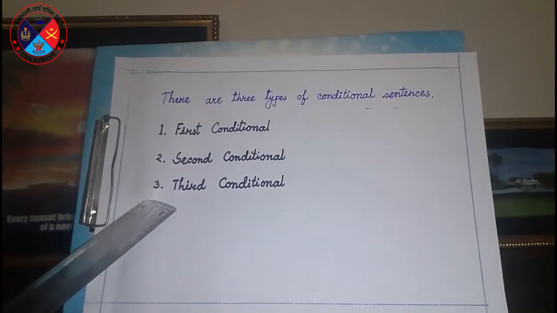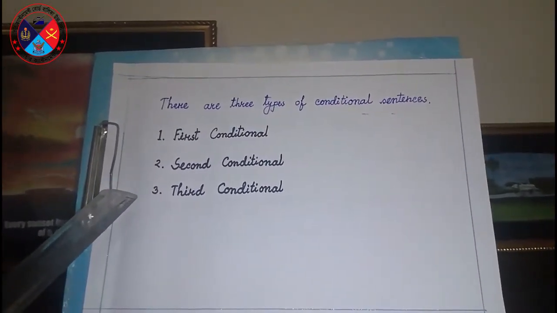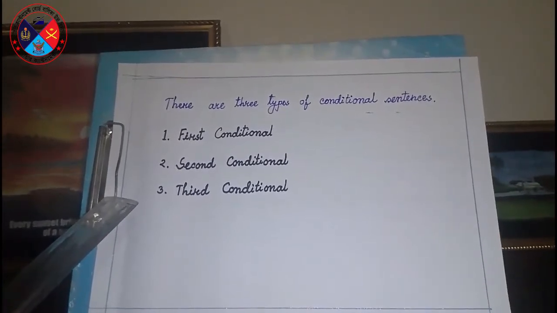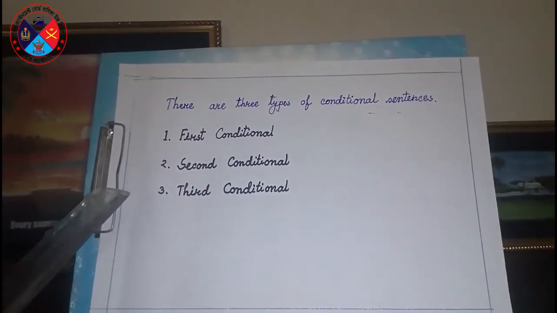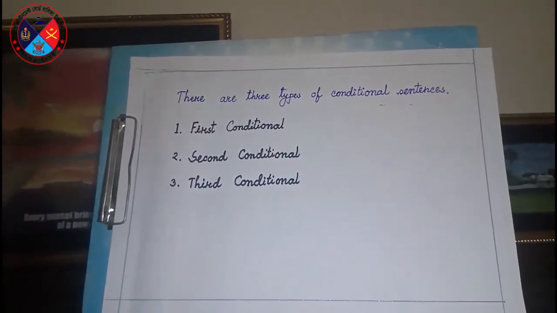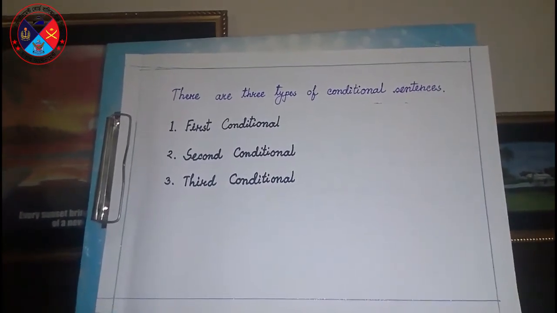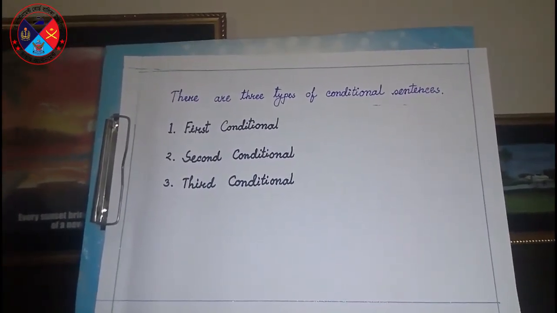If I ask you how many types of conditional sentences are, the answer must be there are three types of conditional sentences. First conditional, second conditional and third conditional.